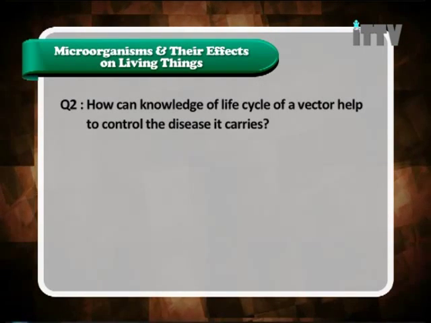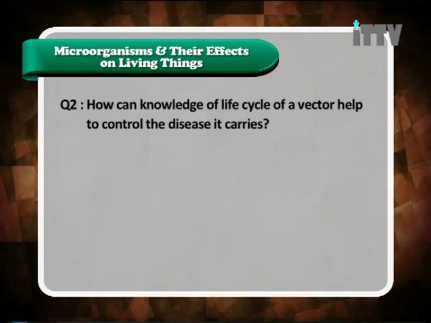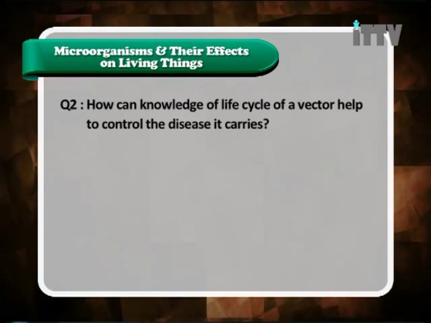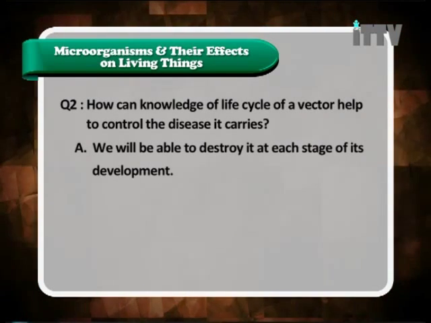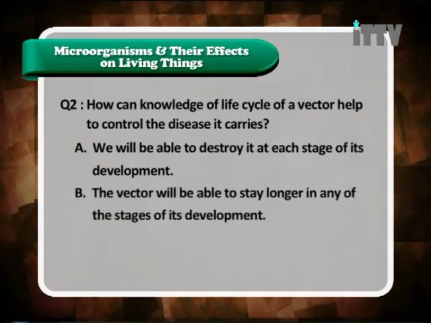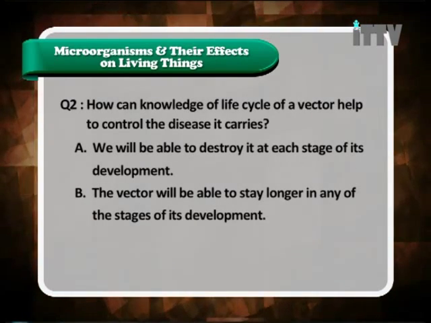Let's look at question 2. How can knowledge of life cycle of a vector help to control the disease it carries? A. We will be able to destroy it at each stage of its development. B. The vector will be able to stay longer in any stage of its development.